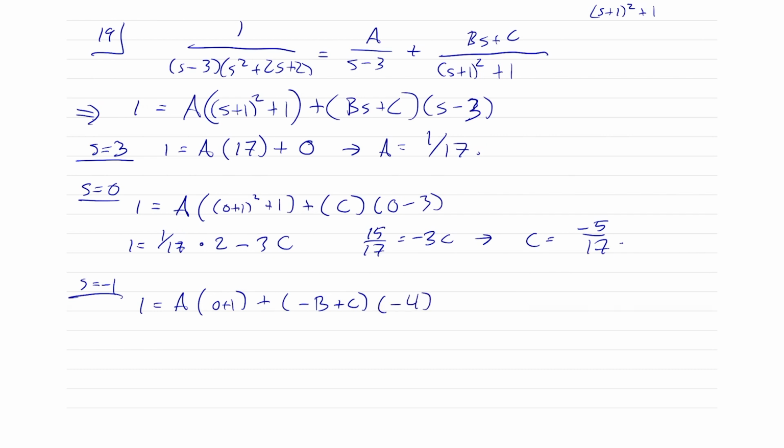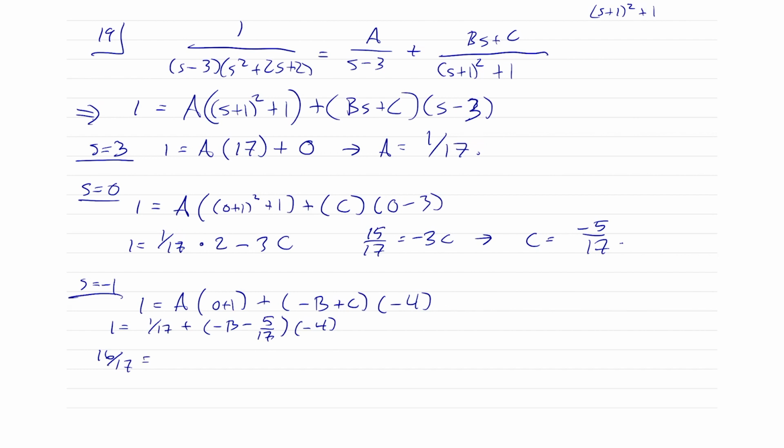And if I go ahead and plug in what all these values are, I get 1 is equal to 1 over 17 plus negative B minus 5 over 17, and then times minus 4. So then 1 minus 1/17 is going to be 16 over 17.